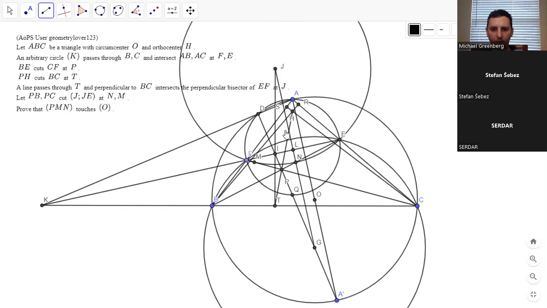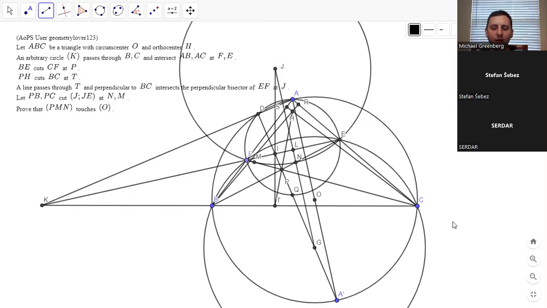And we know about the spiral similarity because, does the spiral similarity follow from the isogonal lines? Yeah, because FECB is cyclic. Okay. This gives FPE with I is similar to BPC with T. Okay.